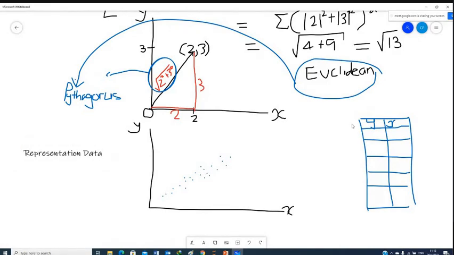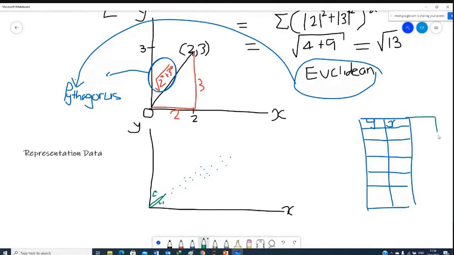So now the difference is I'm looking at this point from the point of origin, and I'm looking at its L2 norm. Then I take another point from the point of origin and look at its L2 norm, and so on.